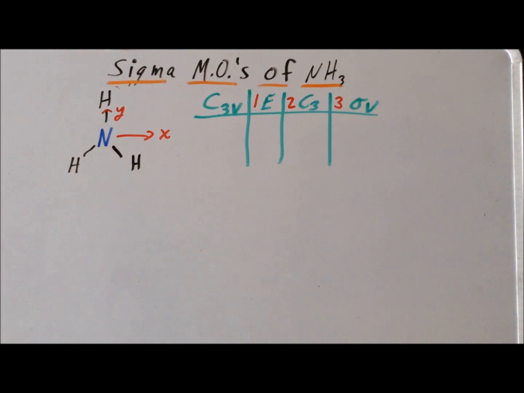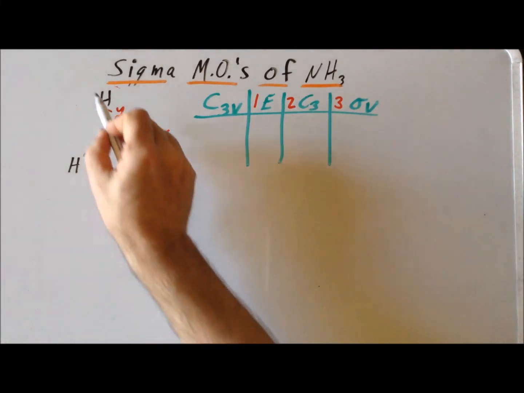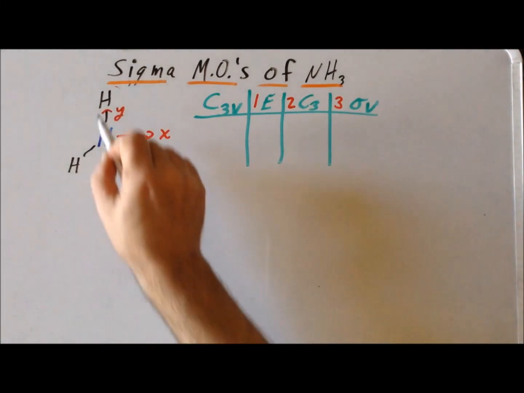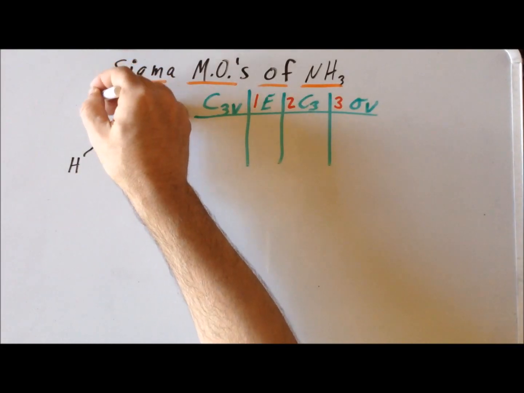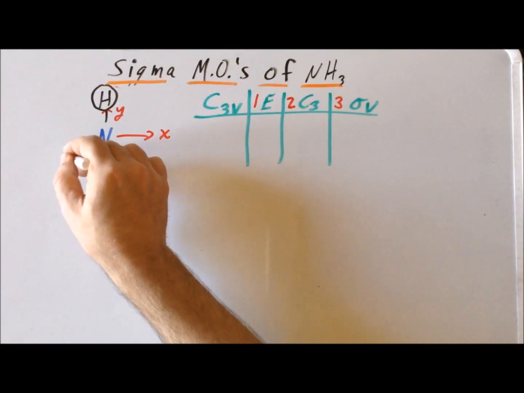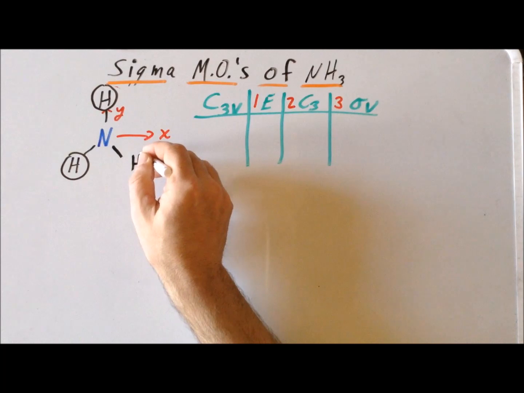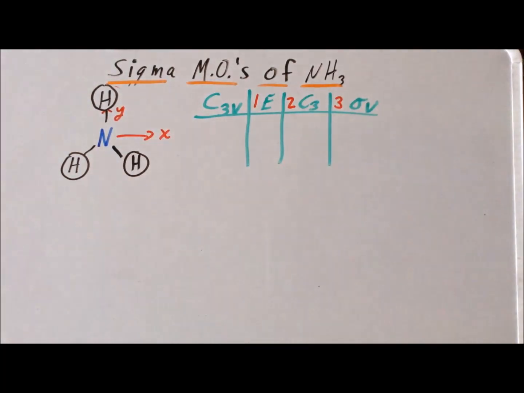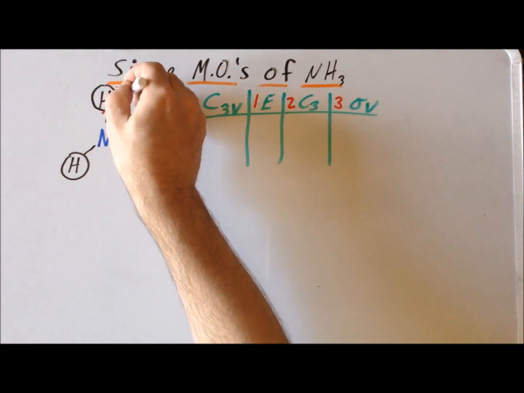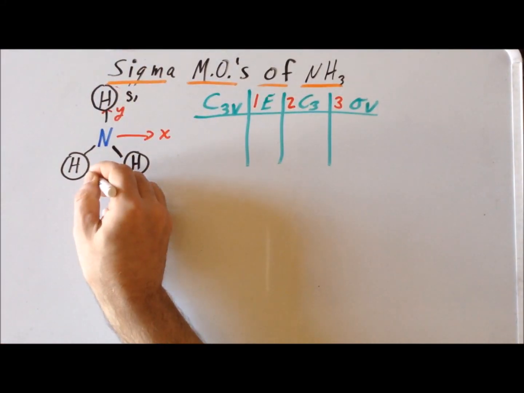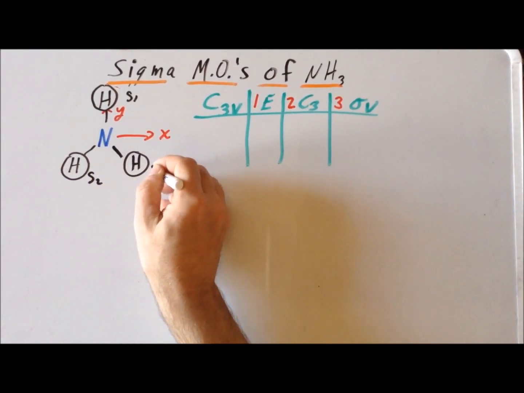We seek to find the linear combination of group orbitals, that is the orbitals on the external hydrogen atoms, the 1s orbitals of hydrogen, that have the symmetry to combine with atomic orbitals on the central nitrogen atom. So let's label the 1s orbitals of hydrogen as S1, S2, and S3.